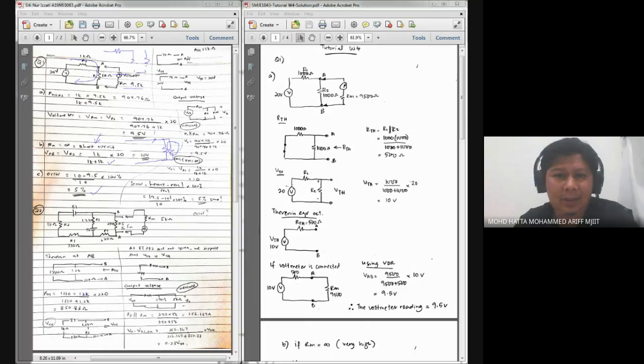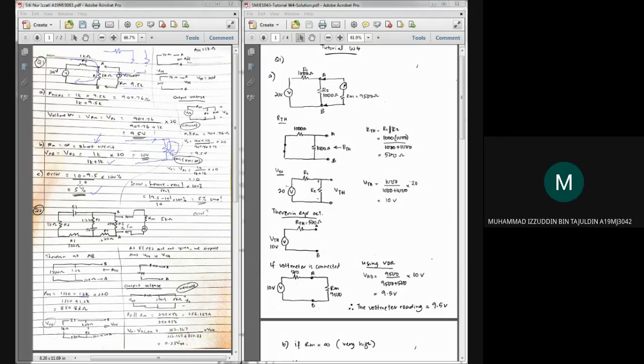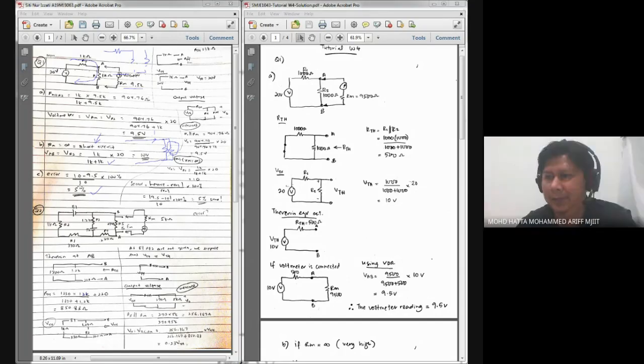Yes. The one that you described to me, I think it's 100% correct. If RM is infinity, it will be an open circuit element at the RM side, right? Yeah. For question number B, yes, you need to do that.